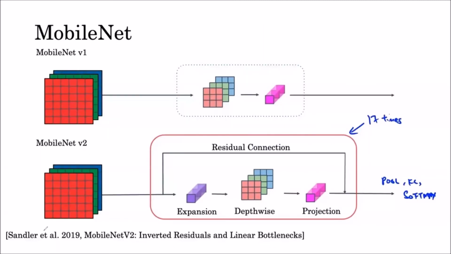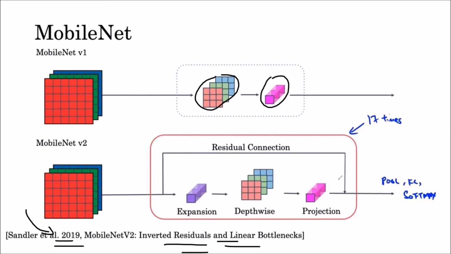This is the paper published in 2019 about MobileNet V2, titled Inverted Residuals and Linear Bottlenecks. In MobileNet V1, as we discussed, only depthwise convolution and pointwise convolution, these two blocks, were used.